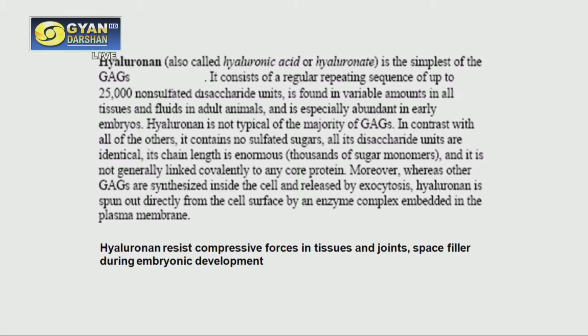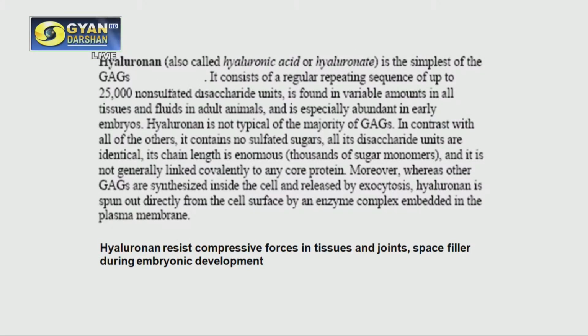And in contrast with all of the others, it contains no sulfated sugar. All its disaccharide units are identical. Its chain length is enormous and it is not linked covalently to any core protein. So if somebody asks you what is the difference between hyaluronan and a typical glycosaminoglycan, your answer will contain 4 points.